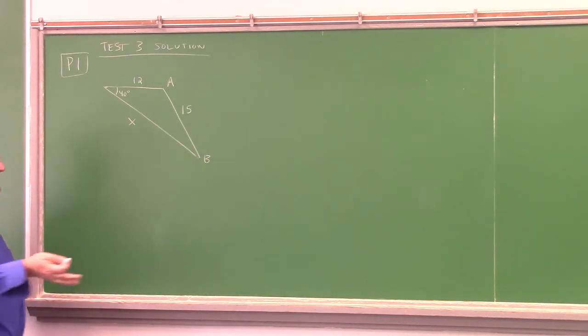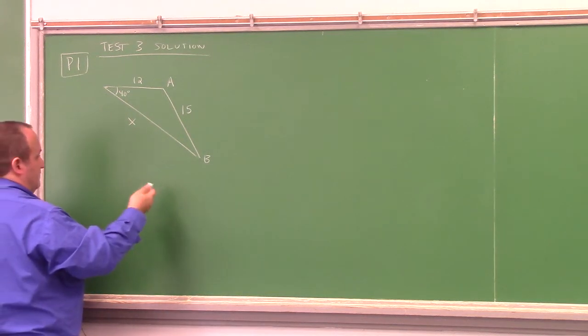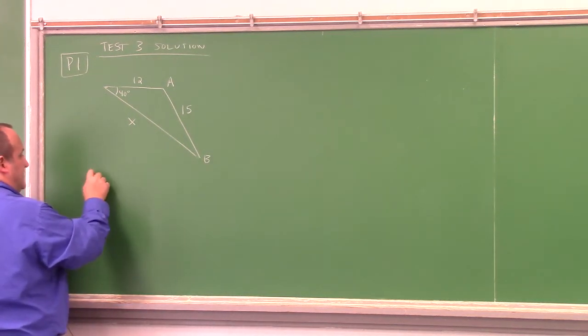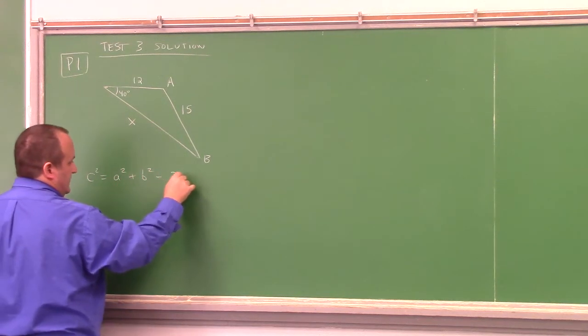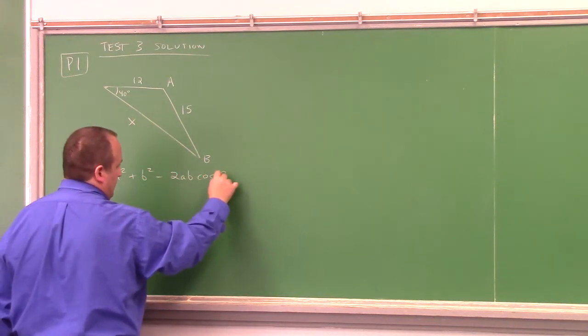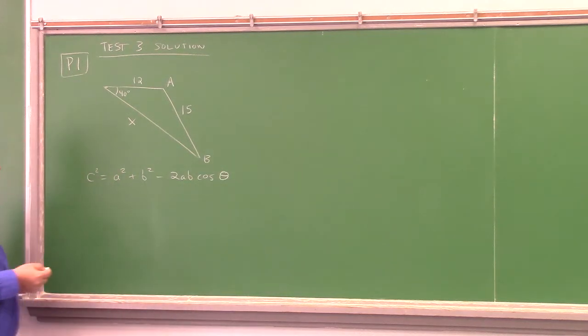First of all, the law of cosines solution. The law of cosines says that c squared equals a squared plus b squared minus 2ab cosine of the angle between a and b. In my wrong solution, I neglected the 2. That's why my solution as posted currently is wrong, but I fixed it and I'm going to post it again.